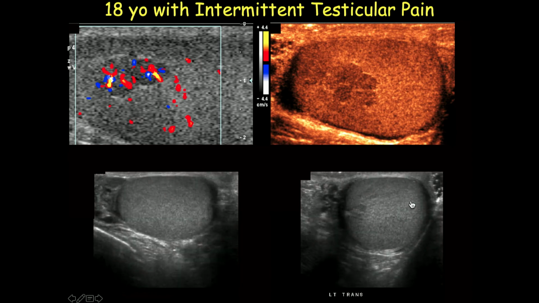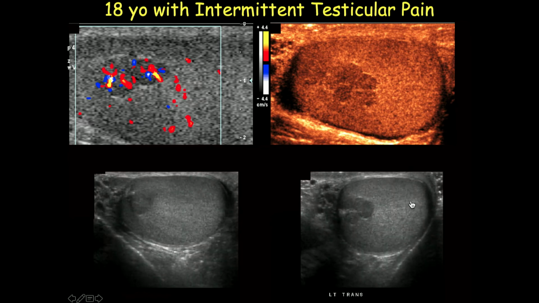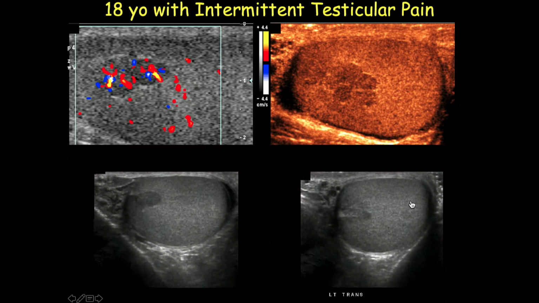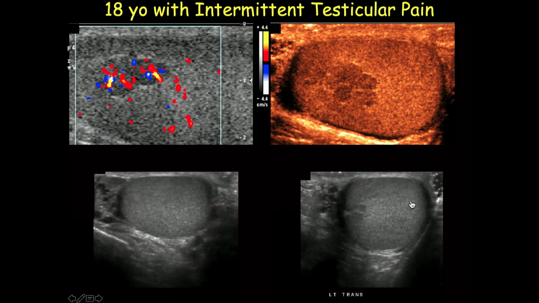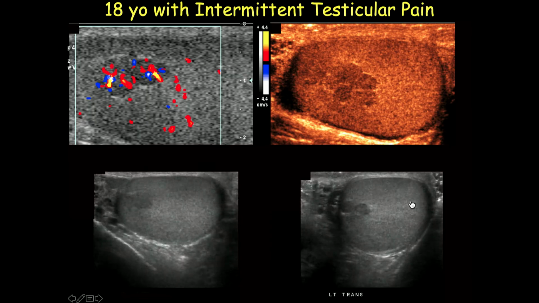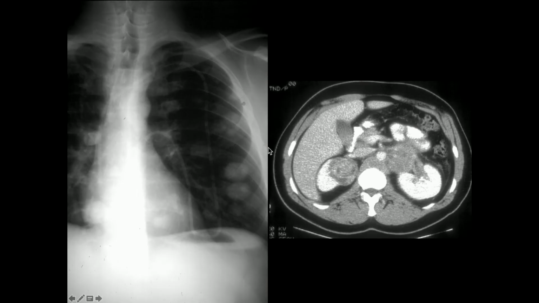Now, this is one of the things we test for when your kids are born when they do a heel stick. So most of the time the patient knows about it, but a lot of the mid-levels, a lot of the family docs don't know about this entity. So always think of adrenal rests in the setting of congenital adrenal hyperplasia.